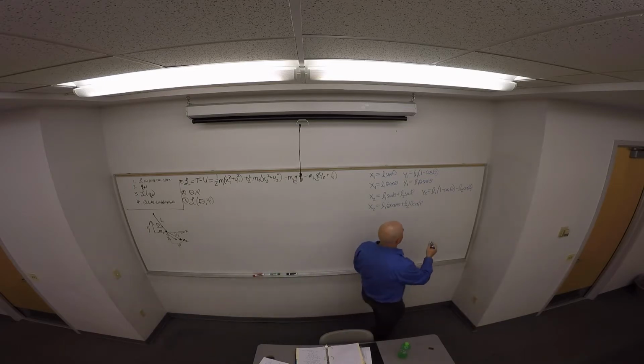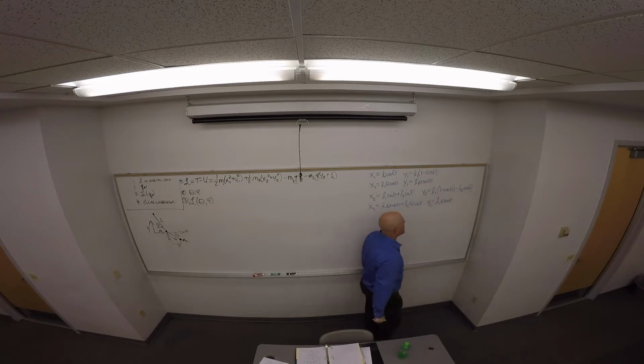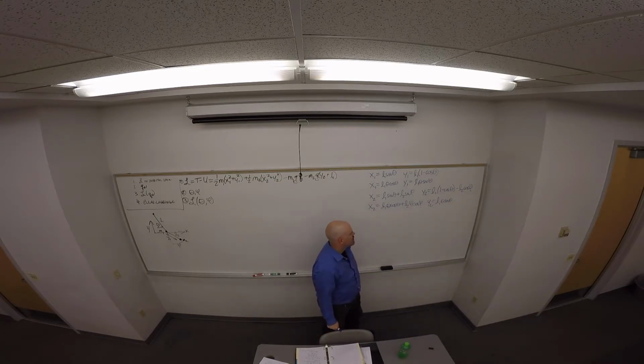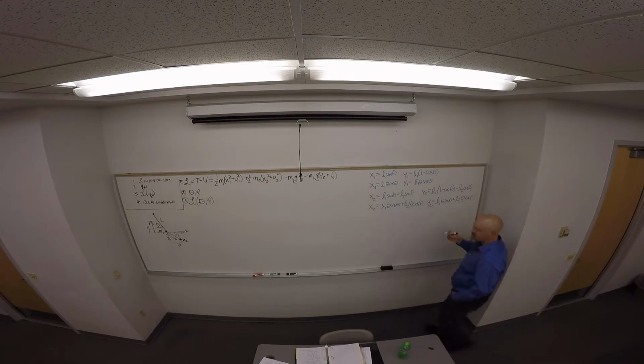And then y2 dot is going to be equal to y1 dot, L1 theta dot sine theta, plus L2 phi dot sine phi. Does that sound right?